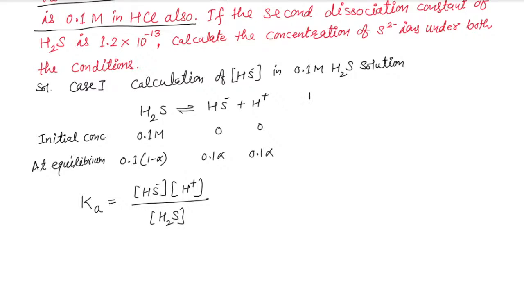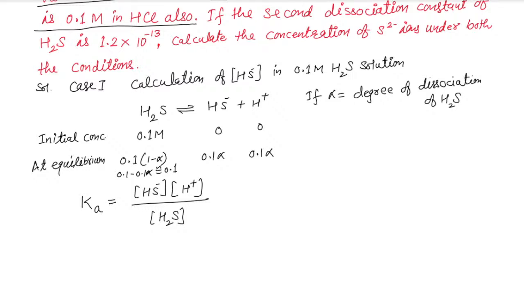You can write here, if alpha is the degree of dissociation of H2S, and the value of Ka is 9.1 into 10 raised to power minus 8. So again, 0.1 minus 0.1 alpha, because we can neglect alpha, becomes 0.1 only.